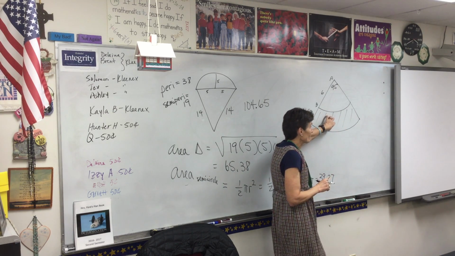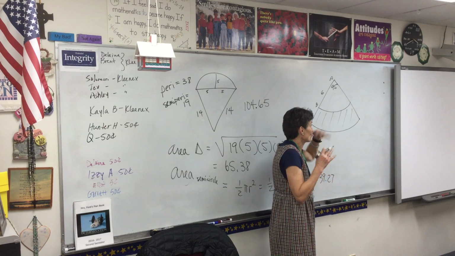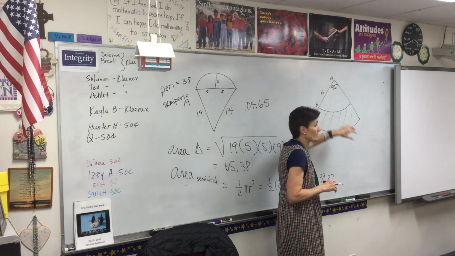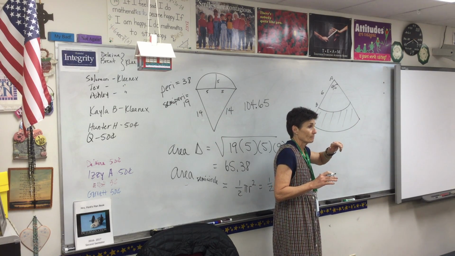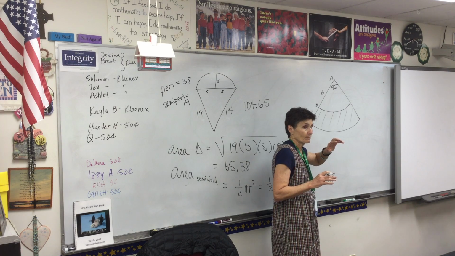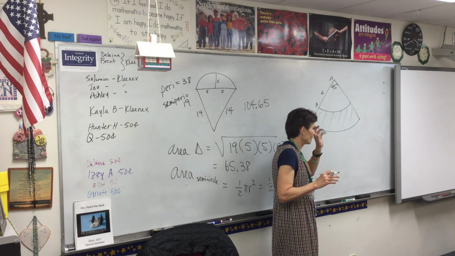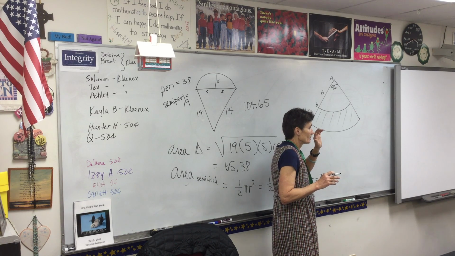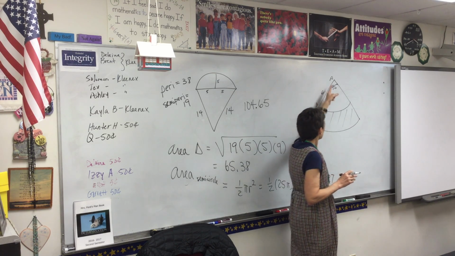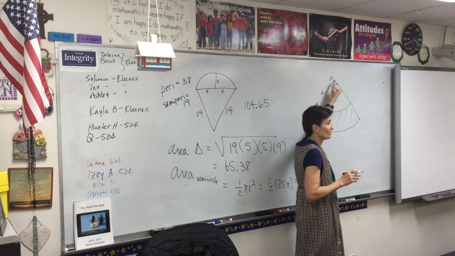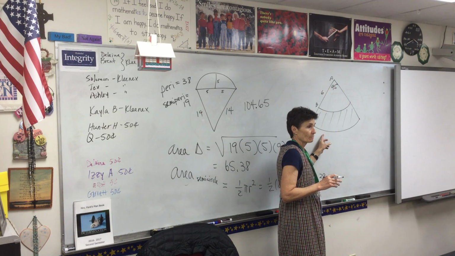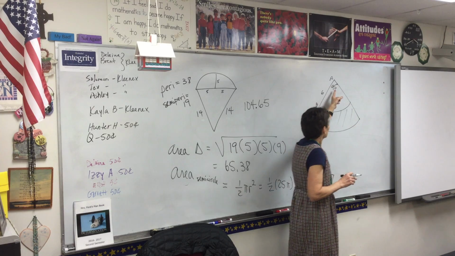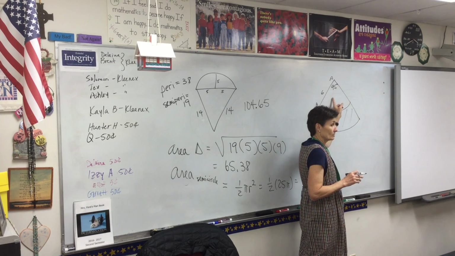How can we find the area of the shaded? What will be our strategy, our game plan to find the area of the shaded? Think about what we did yesterday. It was a different kind of problem, but could we find the area of this whole big sector? Could we find the area of the littler sector?